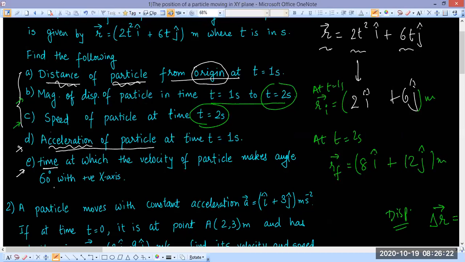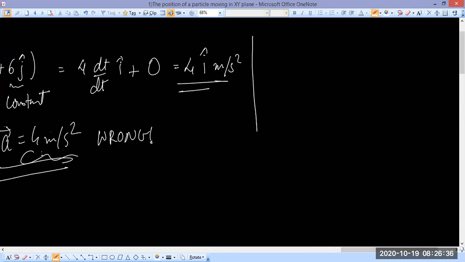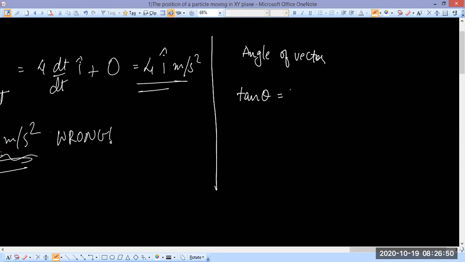So you have to find time at which velocity of particle makes angle 60 degree with positive x-axis. So hopefully you remember that if you want to find angle of vector, you should use this formula, tan theta. આ important point માં લખાયું હતું.